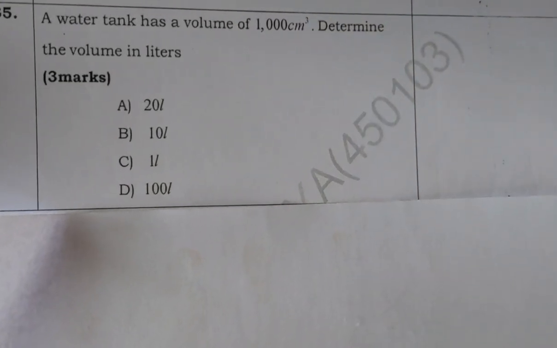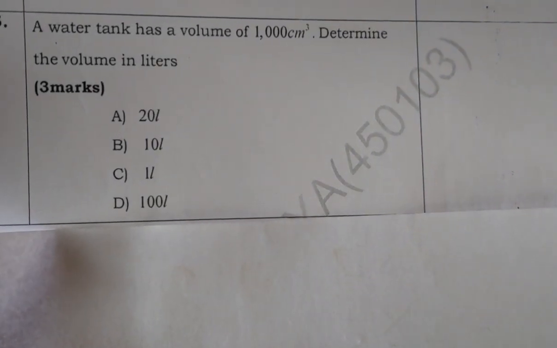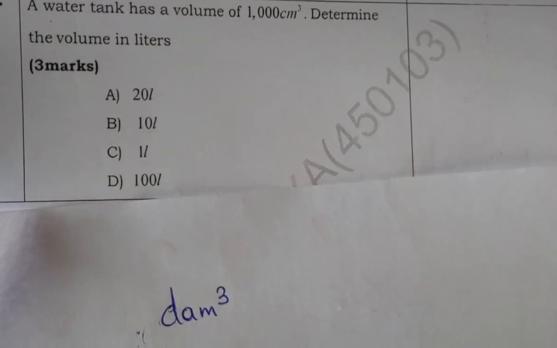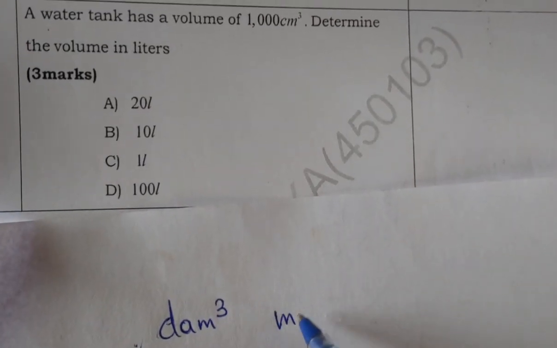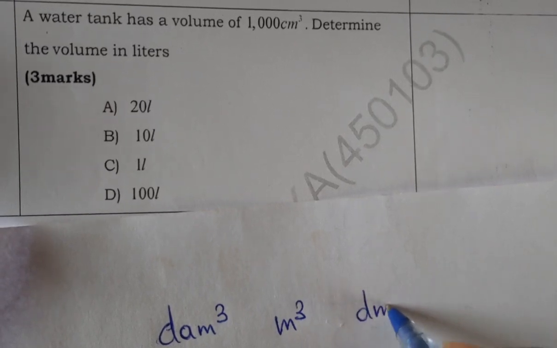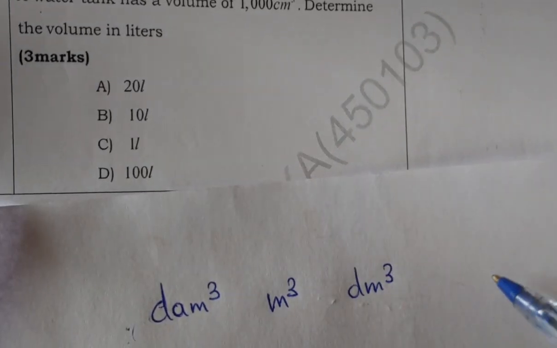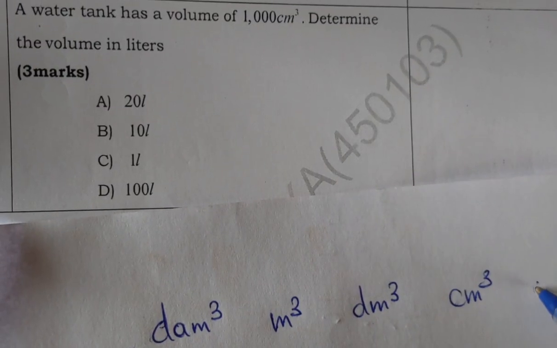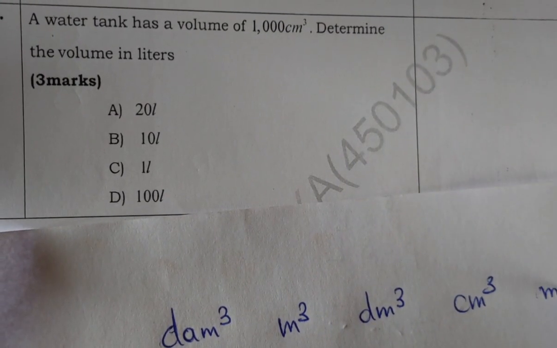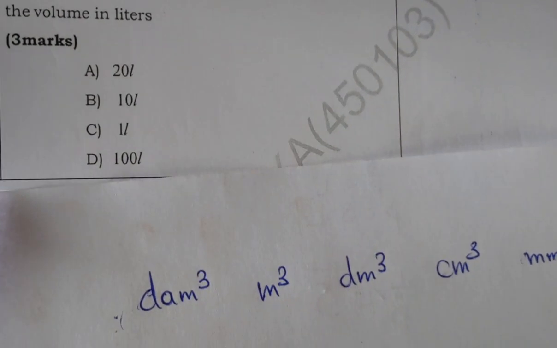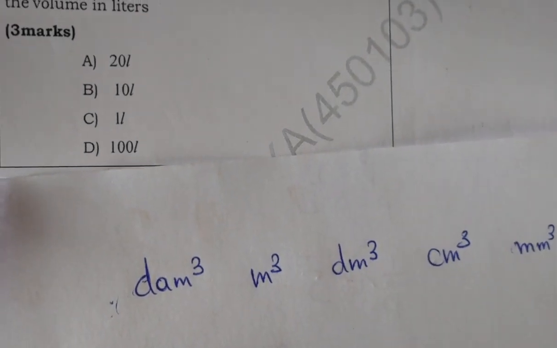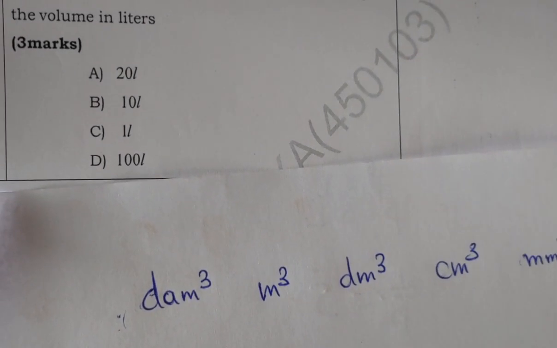Here we know decameter cubed, meter cubed, decimeter cubed, and then centimeter cubed, and then millimeter cubed. We are going to convert those 1000 centimeters cubed into liters.